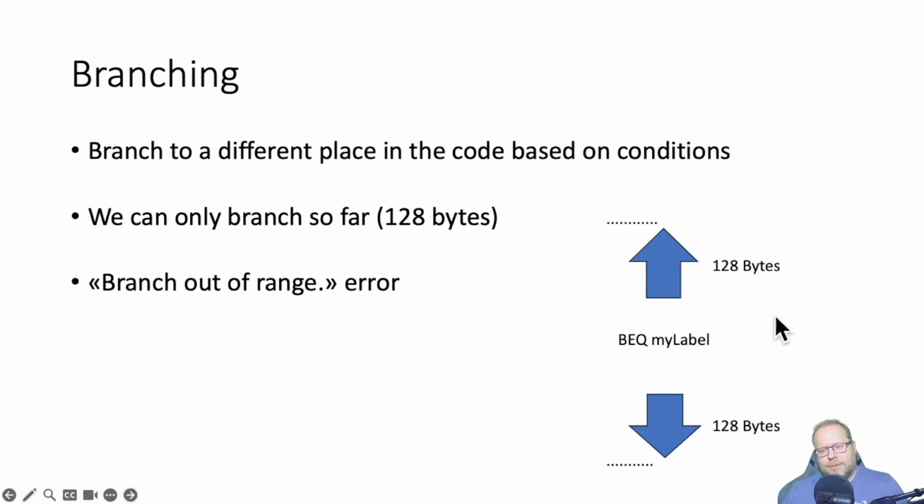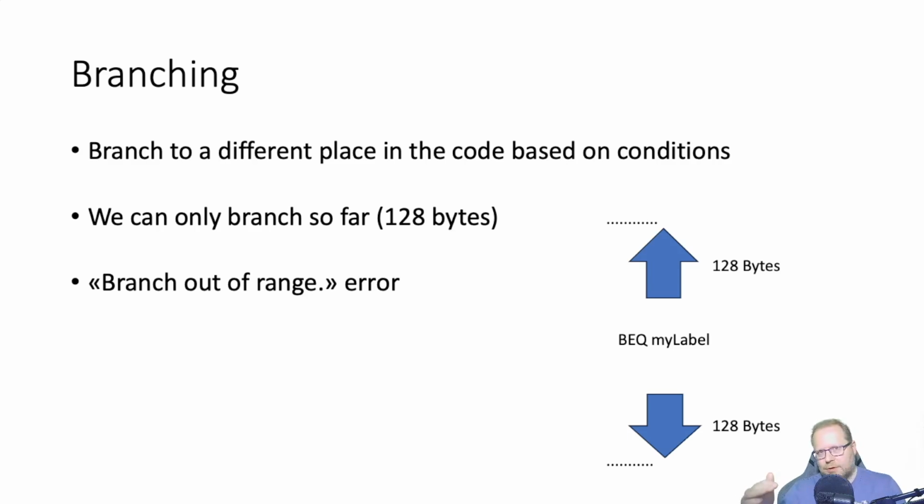But usually you'll just come across this branch out of range error. You'll just come across it when it happens. And it's okay. It's not gonna break your project, hopefully. So we just need to work around that. You need to find a solution for it.